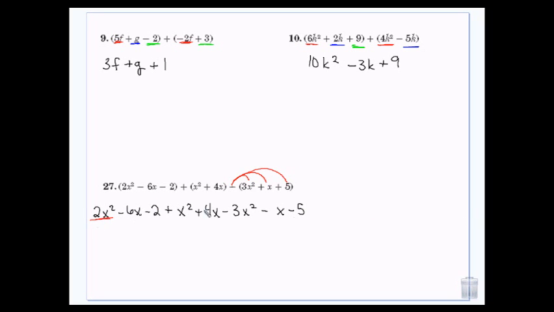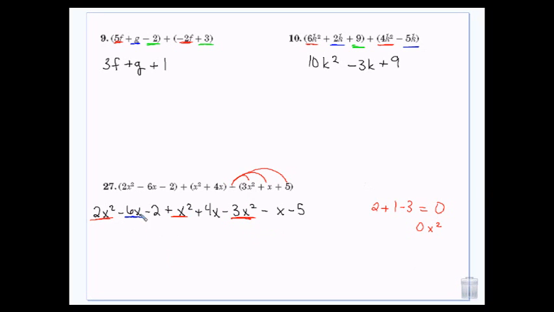And I have 2x squared, x squared, and negative 3x squared. So I'm going to write over here, I have 2 plus 1 minus 3 is 0. So that gives me 0x squared, so the x squareds went away.